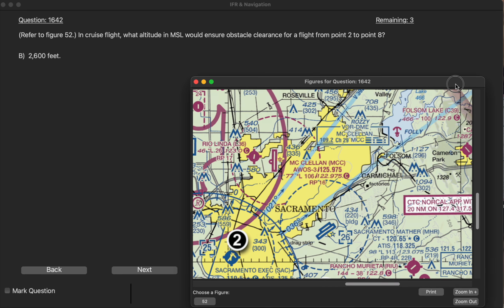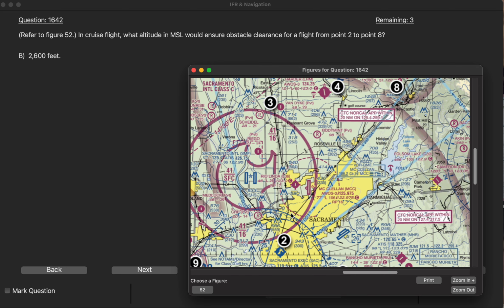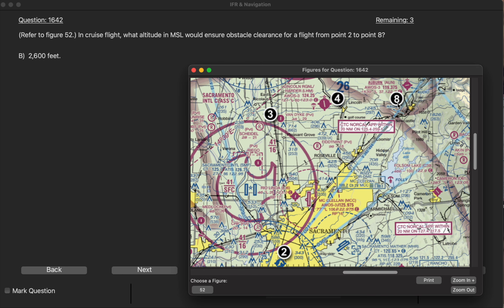Let's zoom out a little. So down here's 2, and up here is 8. Up here it looks like our 2,600 MEF.